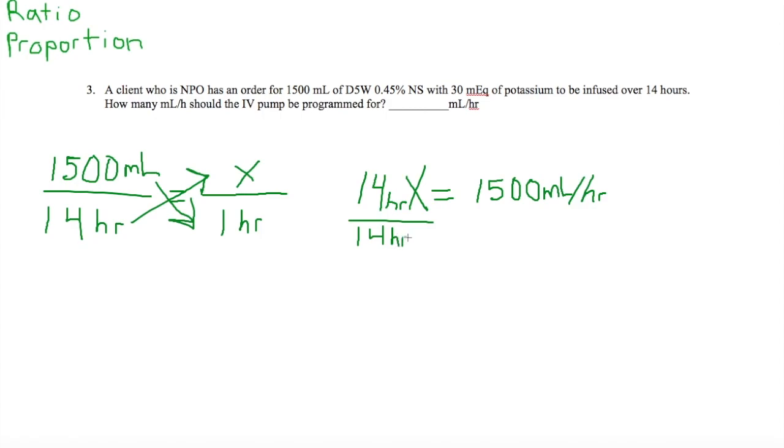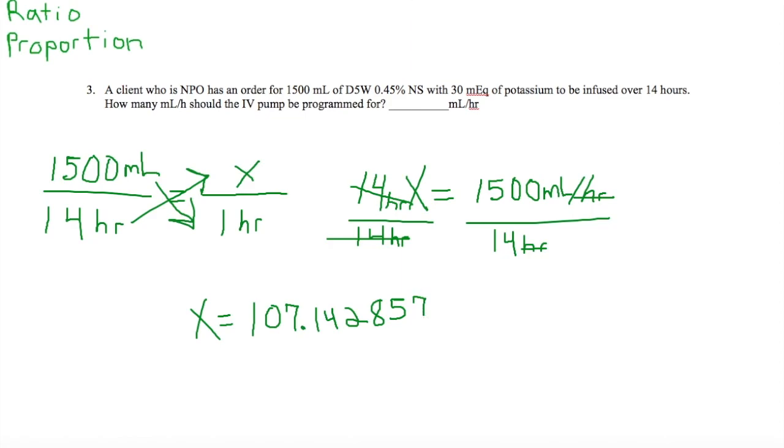We divide both sides by 14 hours and we end up with 107.142857. For this problem, we are going to round to the whole number.